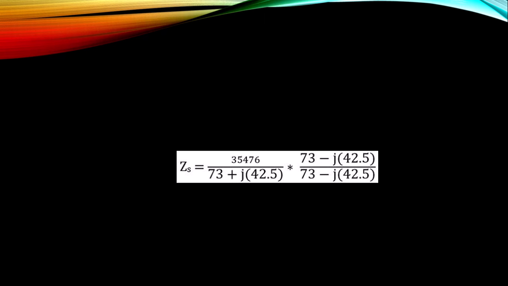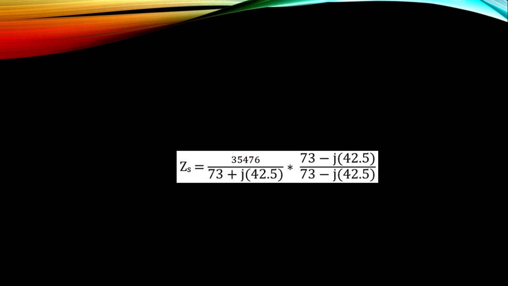ZS is equal to 35476 over the properties of the half-wave dipole antenna, which is 73 plus j42.5 ohms.